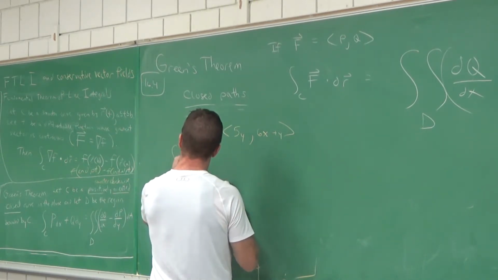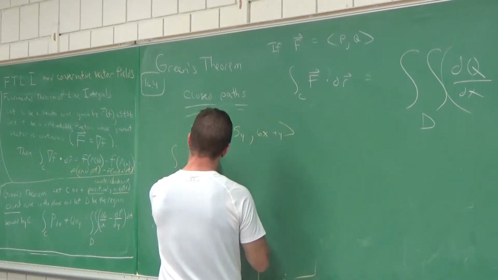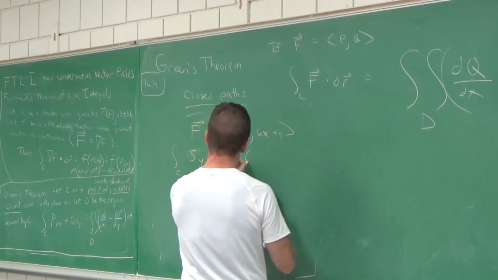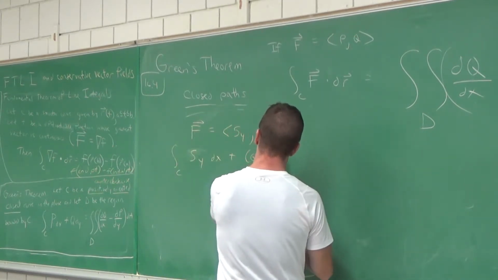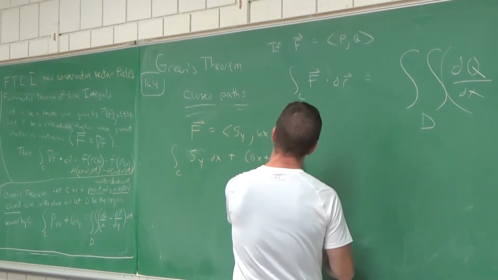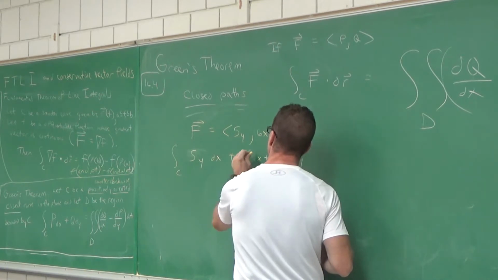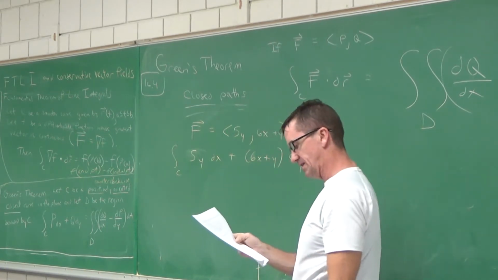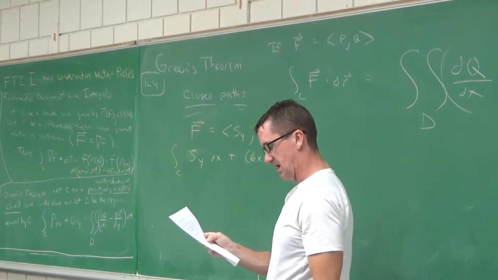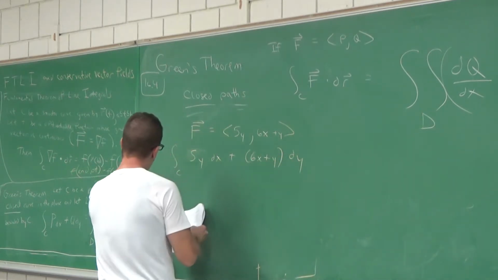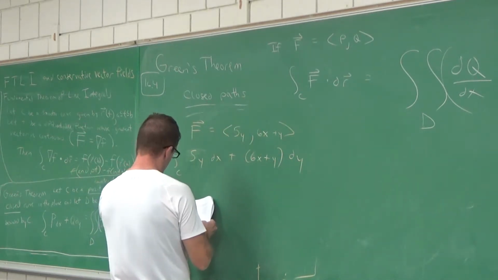5y dx plus 6x plus y dy. They want you to evaluate that line integral, and they said C is the closed boundary of a triangle.